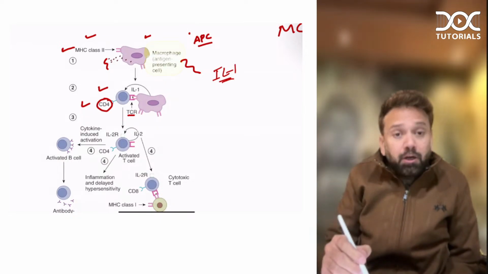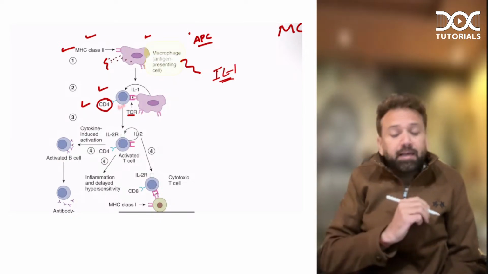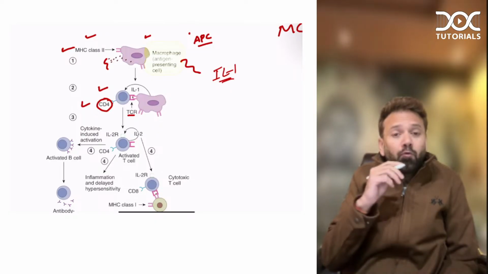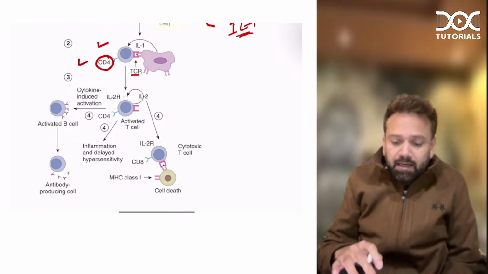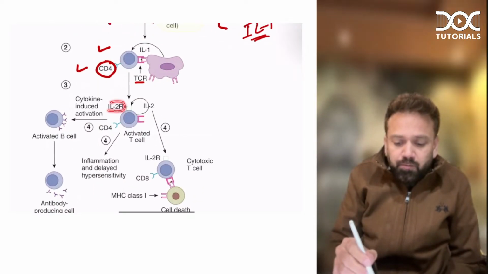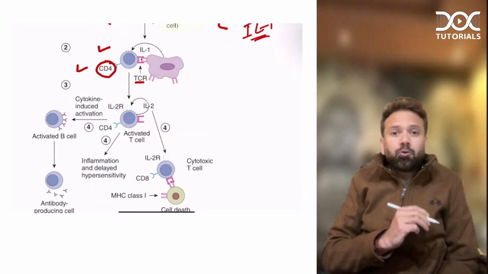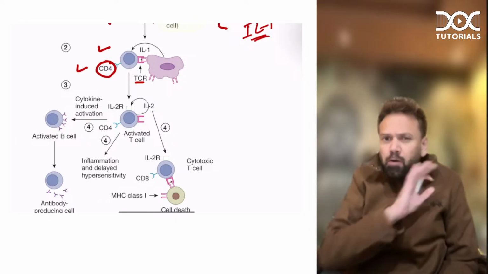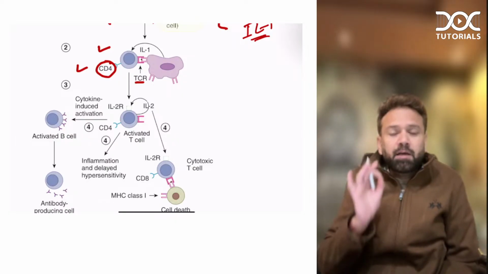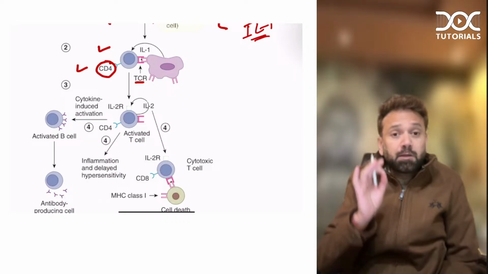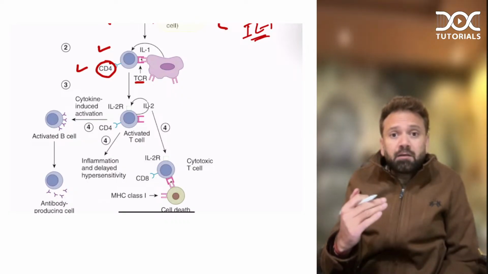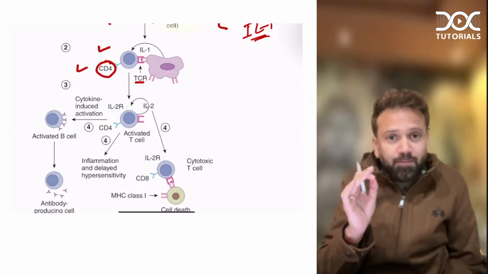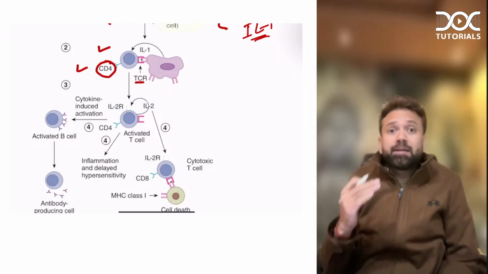Now, interleukin 1 will activate your T lymphocyte. Which interleukin will be secreted by the T lymphocyte? The answer is interleukin 2. You will get full marks if you can draw this diagram in the chapter of immunity. It is the most important central theme. So macrophages are secreting interleukin 1 and activating the T lymphocyte.